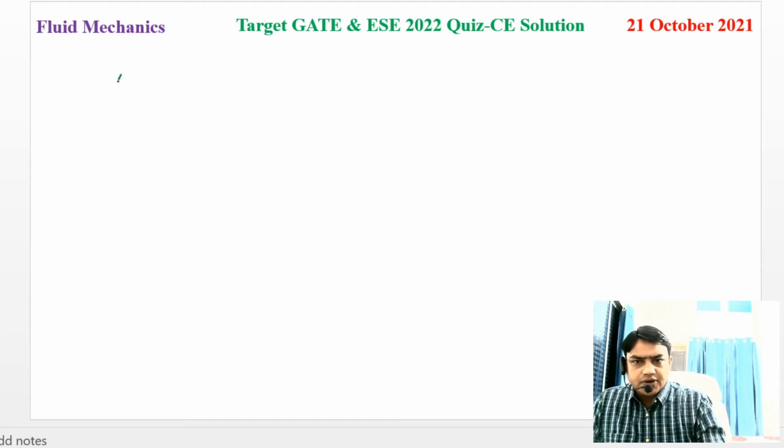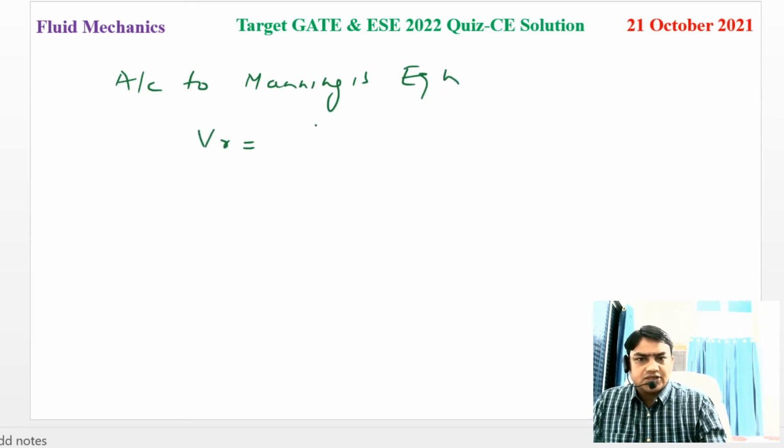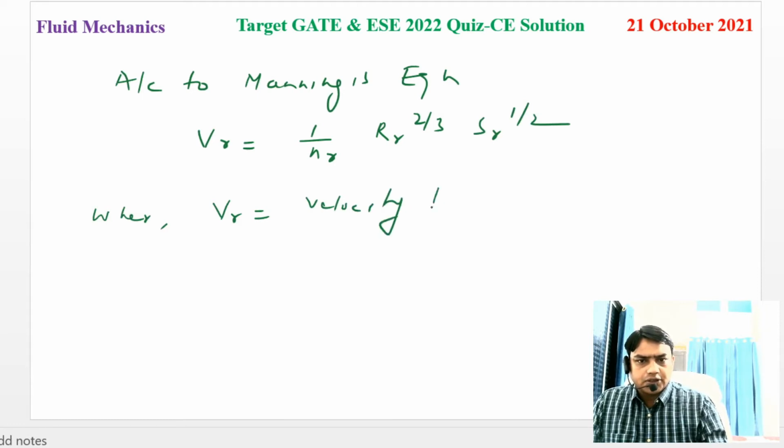Similarly, Manning's equation can be written as VR is equal to 1/NR times RR to the power 2/3 times SR to the power half, where VR is the velocity ratio, that is the ratio of velocity in the model to the velocity in the prototype.